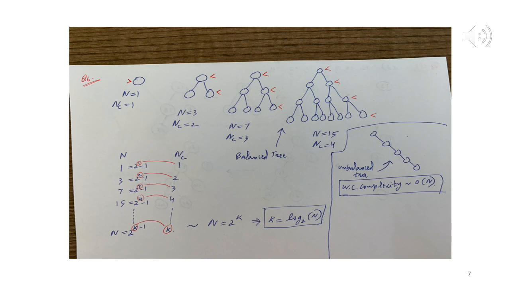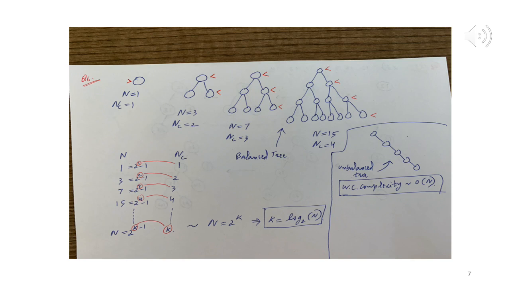So let's say the number of comparisons, the value of NC for n nodes, is k. Now going to the left, for n, the expanded expression we'll get is 2 raised to k minus 1, because of the correspondence between the exponent and NC.